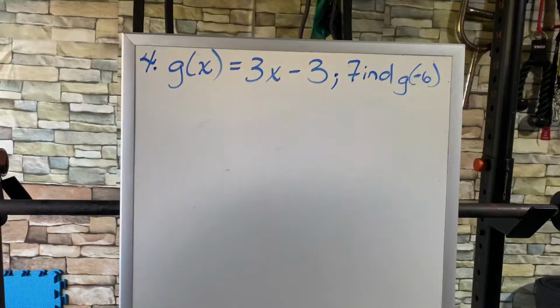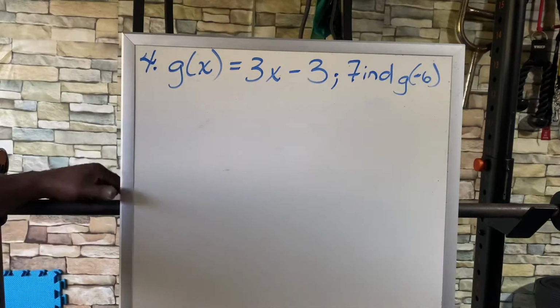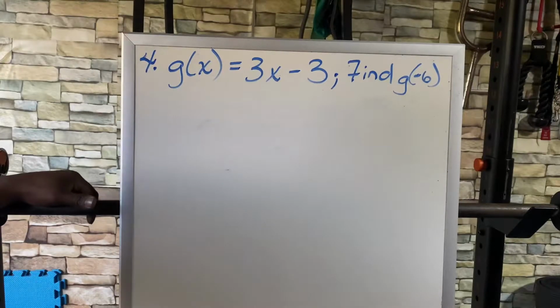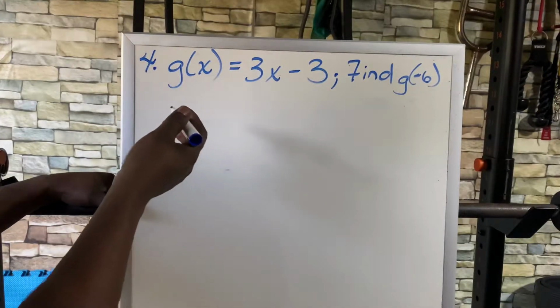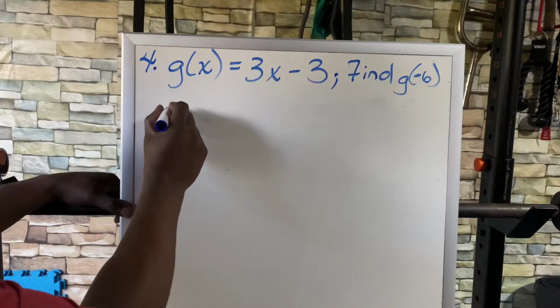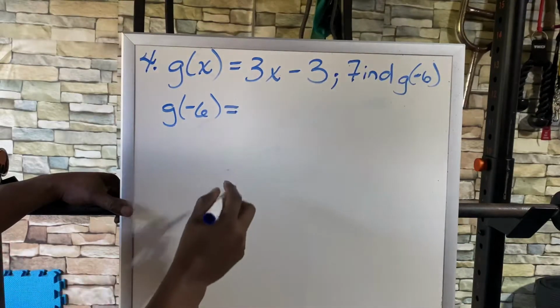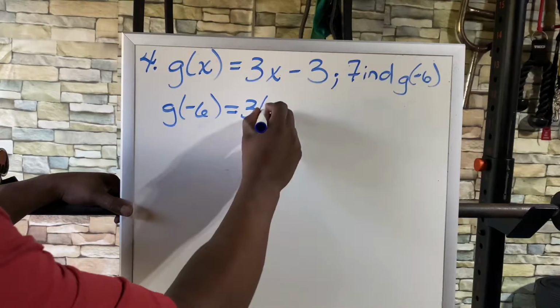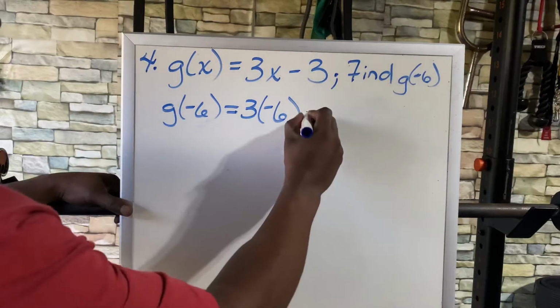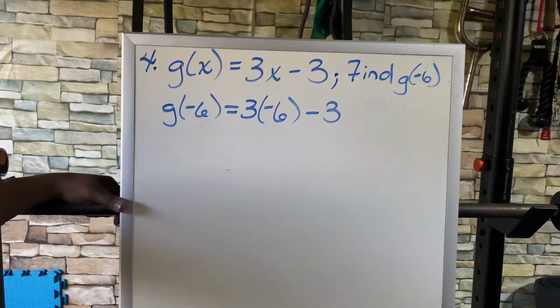All right, let's take a look at number 4. We have g of x equals 3x minus 3. Then find g of negative 6. Once again, we substitute negative 6 in wherever we see x. So g of negative 6 equals 3 times negative 6 minus 3. Then we go back to our pre-algebra, algebra 1 rules, order of operations.